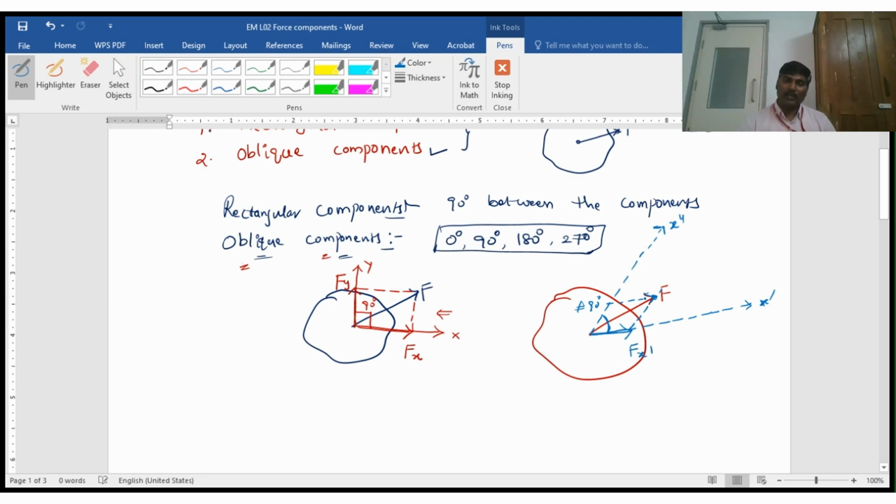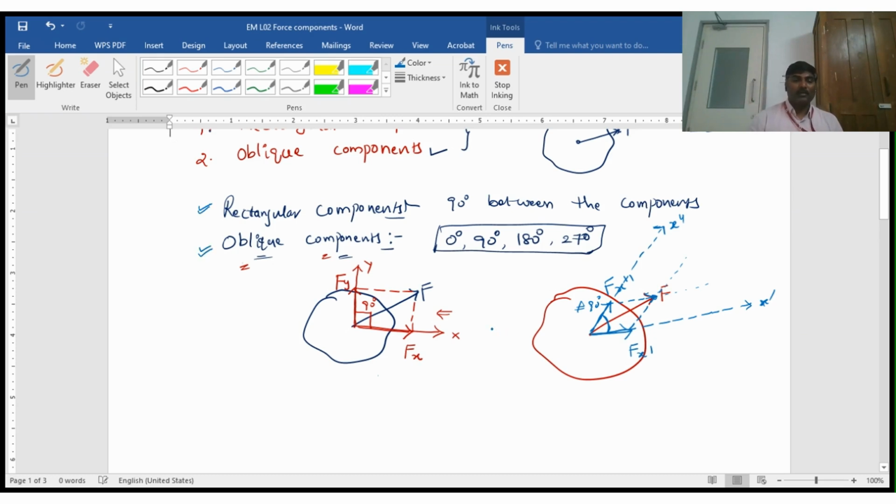The length you get here is Fx double dash. So these are oblique components. This is the clear difference between rectangular components and oblique components.